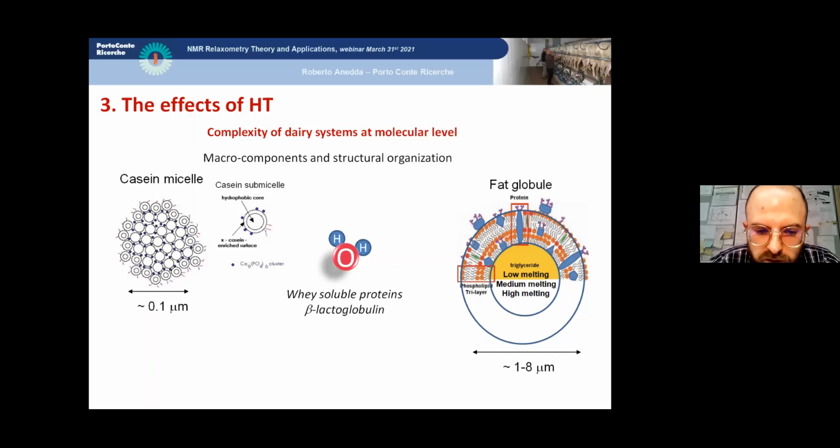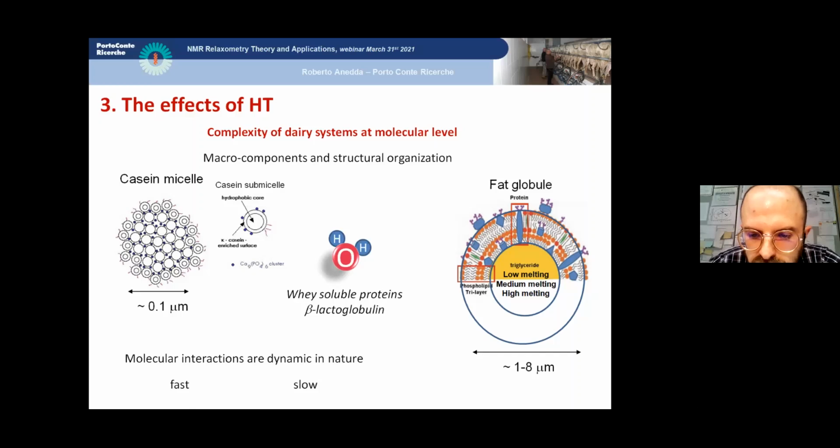Also, the size of supramolecular structures such as micelles and globules is very important in defining the dynamical process and therefore NMR relaxation results. This is very important since all dairy systems are dynamic in nature and change with time. Some exchange phenomena are very fast, others take longer times. For example, slow processes occur during cheese manufacture and during storage and ripening.